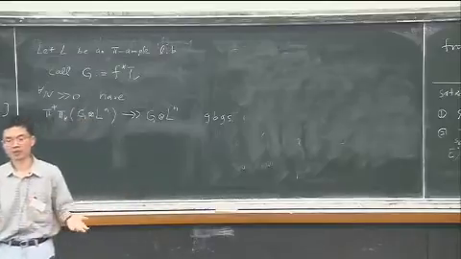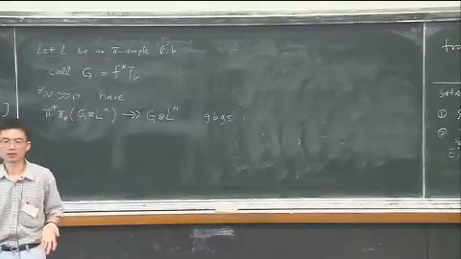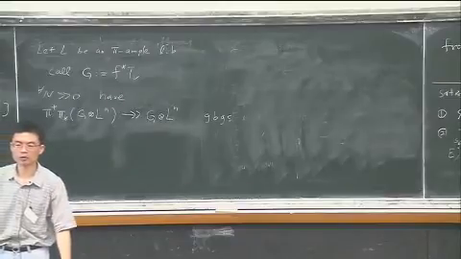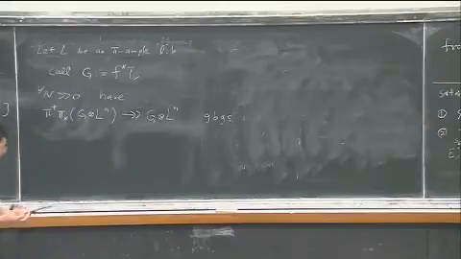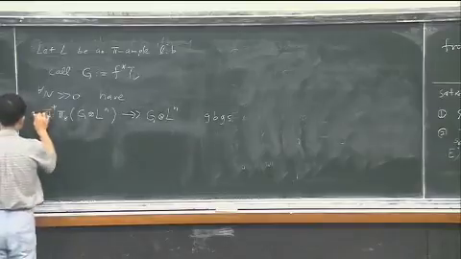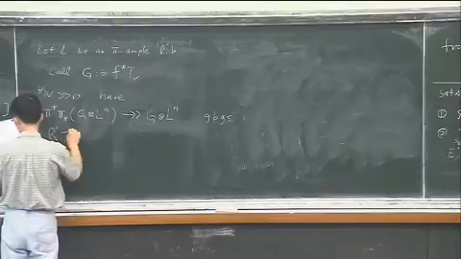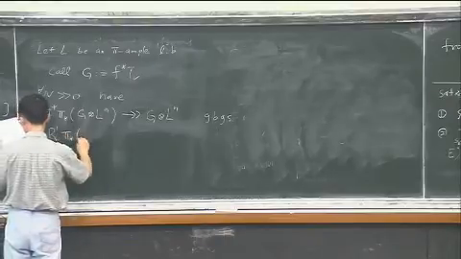So take an ample line bundle, then take a very high power and tensor with any coherent sheaf, and it becomes generated by global sections. The second thing here is I can also make higher direct images vanish.